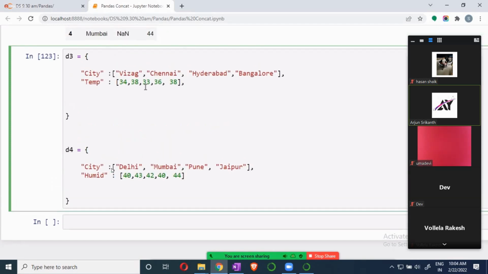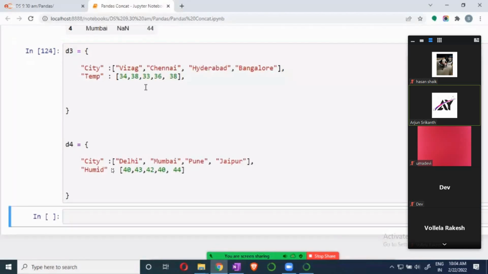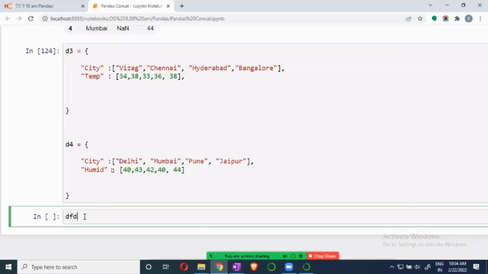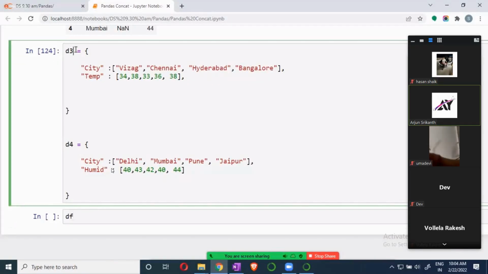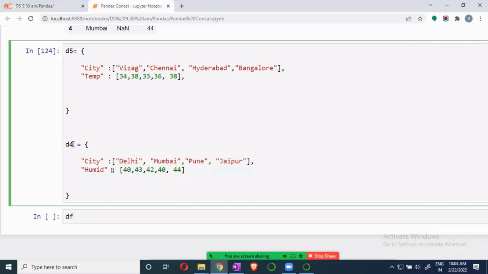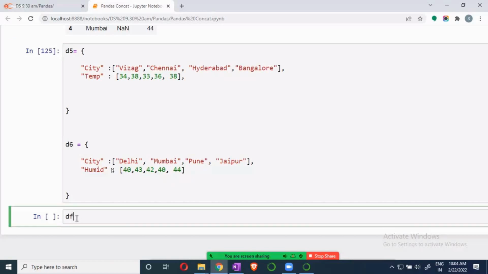These are the ones there. Now I will create DF, DIC, this I will give as 5. DF DIC 5 is equals to pd.DataFrame of D5.